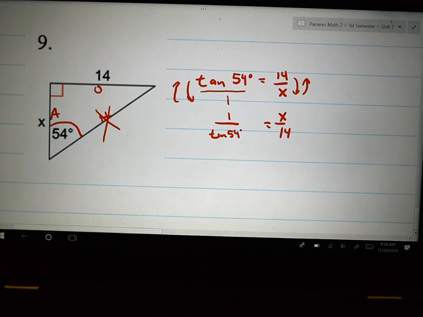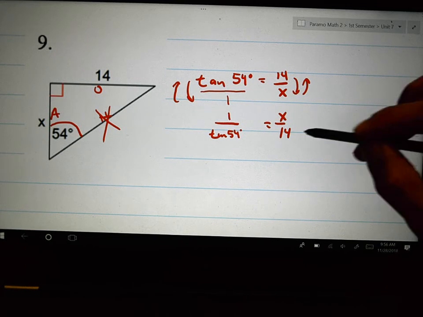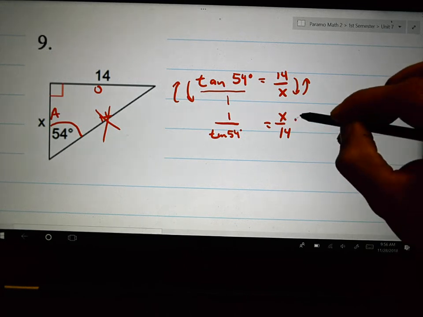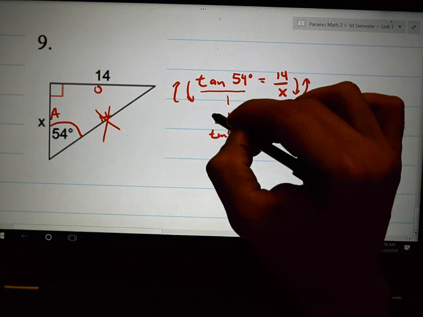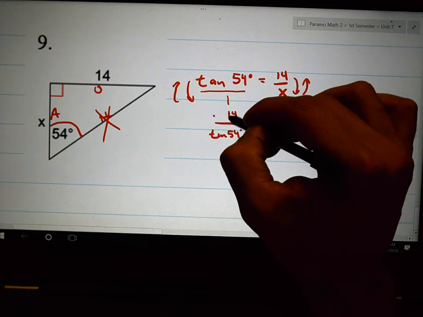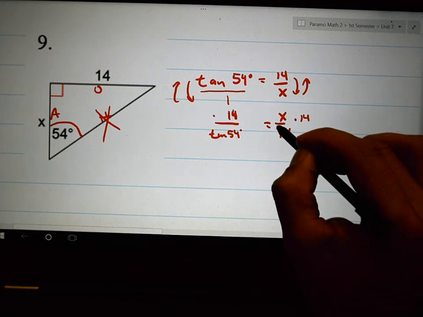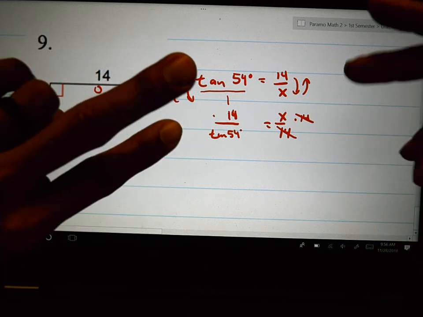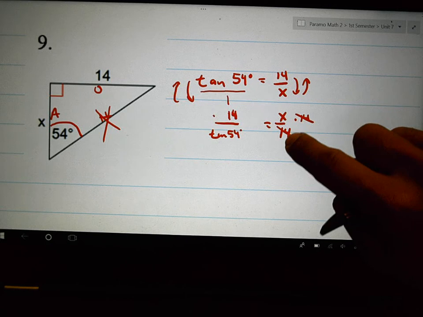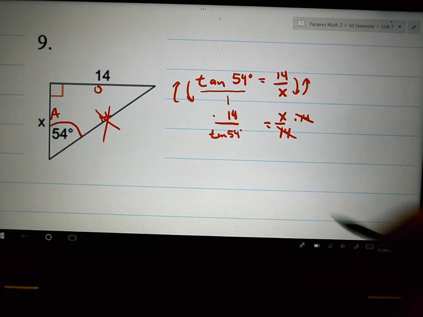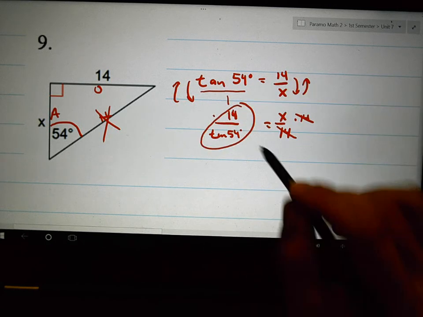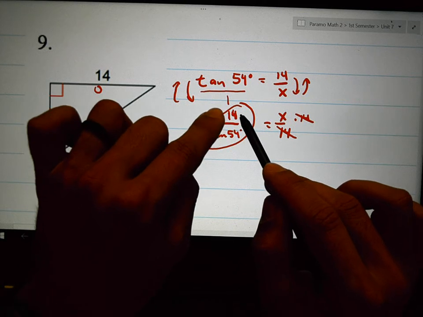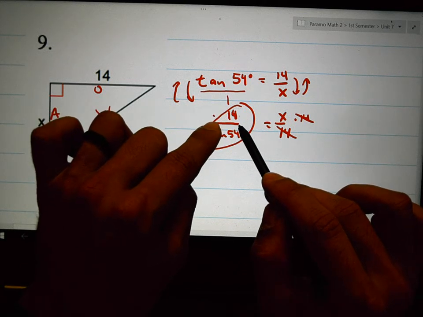And the last step, after you take these reciprocals, instead of dividing by 14, we times by 14, and 14 goes in the top. So if the variable's in the bottom, reciprocal, reciprocal, then you can multiply by 14, and in your calculator, you're going to have to type it in as 14 divided by tangent of 54 degrees.